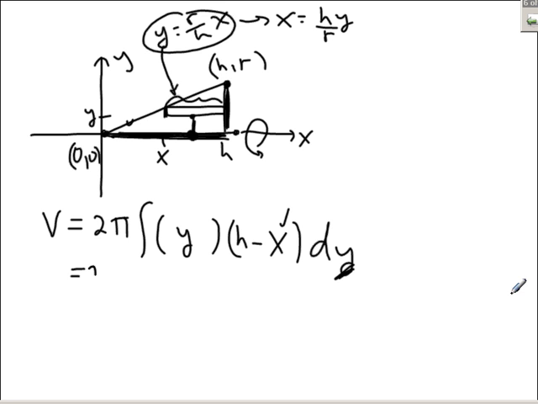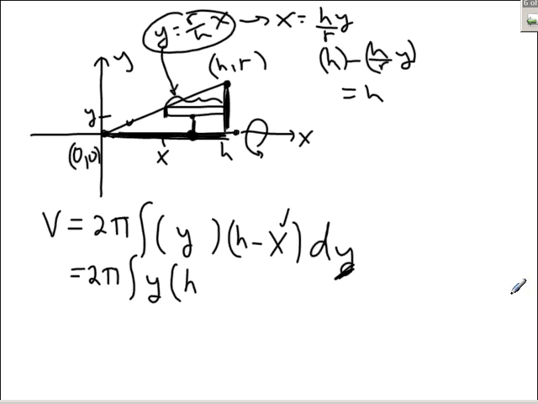So I have 2 pi, the integral of y times, well, let's calculate that. h minus h over r times y. That's h and that's x. And I can pull out an h. And I have 1 minus 1 over r times y. So why don't we do it that way? I can factor out an h from here, and I'm left with 1 minus 1 over r times y, dy.